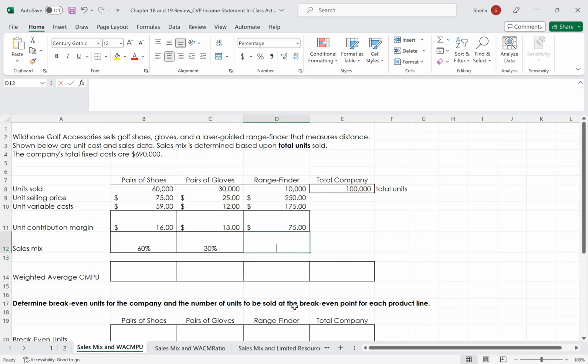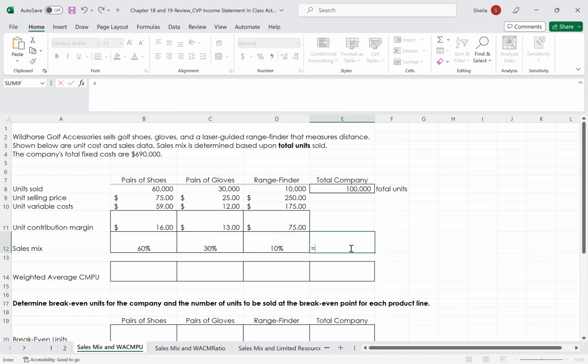And finally, rangefinders. If my units are 10,000 that I've sold and I compare those to my total units, they make up 10% of my sales. So now when I sum all these together, you can see that my total equals 100. Okay, so I got to make sure that my products individually make up my total units sold.